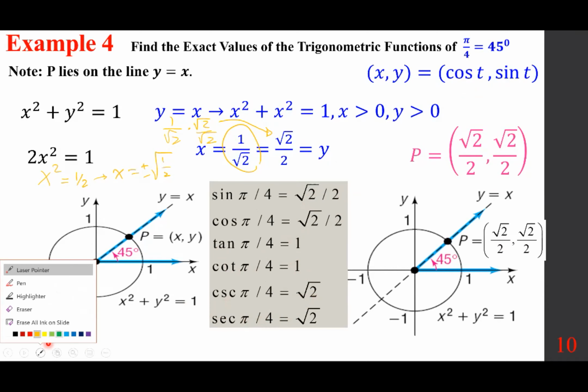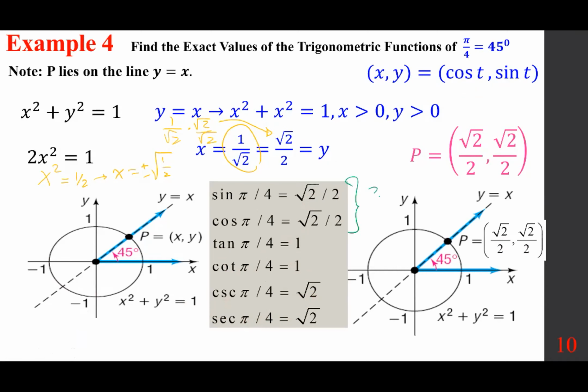In other words, if you look at the reciprocal for these two numbers, you get square root of 2. So for cosecant and secant, both of them, the reciprocal gives us square root of 2. So that's how we get the trigonometric functions of pi over 4 or 45 degrees.